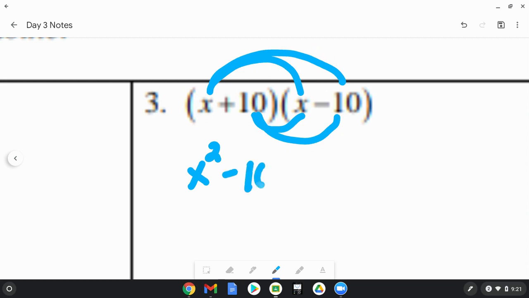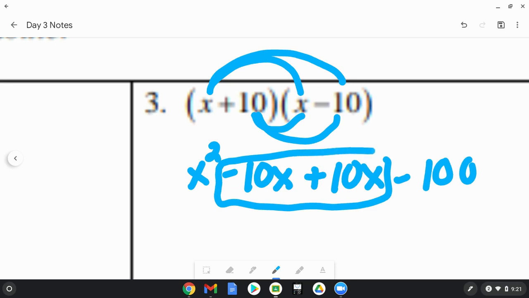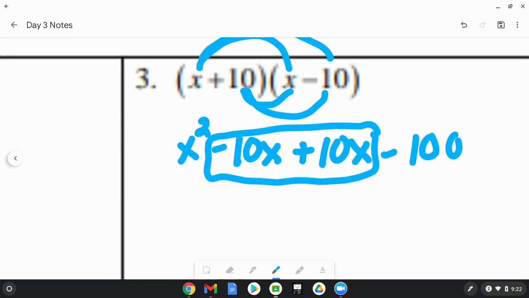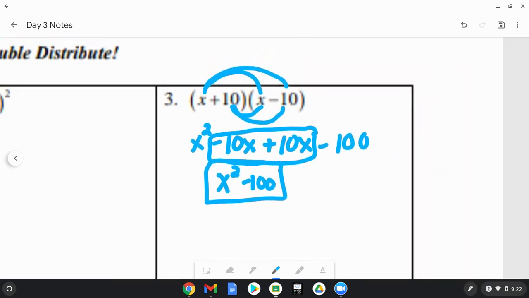The first term times the second term would be negative 10x. The second term by the first term would be plus 10x. And the second term by the second term would give us minus 100, because that'd be 10 times negative 10. If we notice these two middle terms, they are exact opposites of each other. So this would be a time when those middle terms cancel each other out. I'm left with x squared minus 100. And that'd be my answer for number 3.